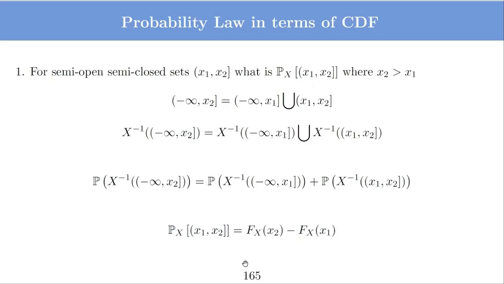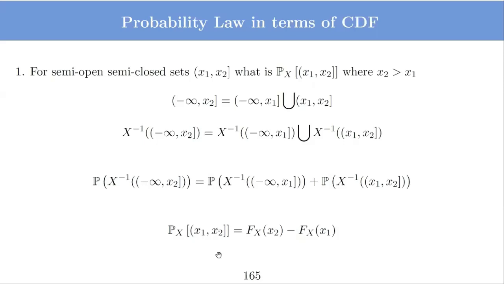From this we get that the probability law on this set is equal to the difference of the CDF evaluated at x2 and x1. So if you are given such a kind of set, you can just compute the CDF at this and the CDF at this, and calculate the difference to get the probability law.